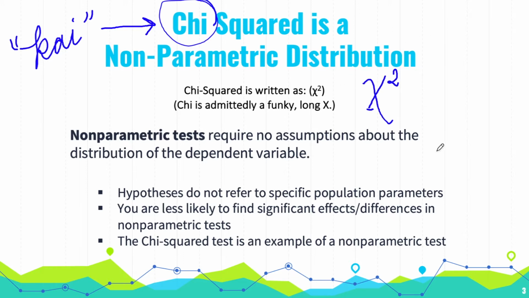Again, it's a non-parametric distribution, so non-parametric tests require no assumptions about the distribution of the dependent variable. So our hypotheses do not refer to specific population parameters, and we don't have to worry about whether our data is normally distributed or not. Something you should know, when we work with non-parametric tests, it's kind of hard to pass these tests mathematically, so you're less likely to find significant effects or differences.